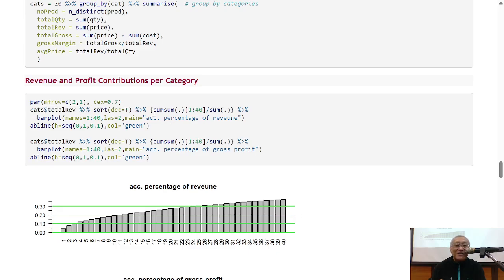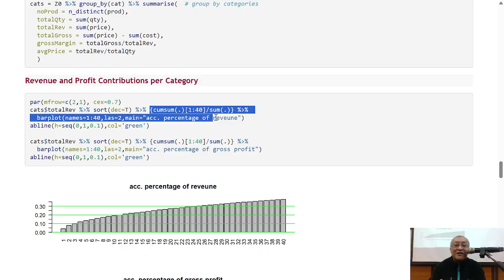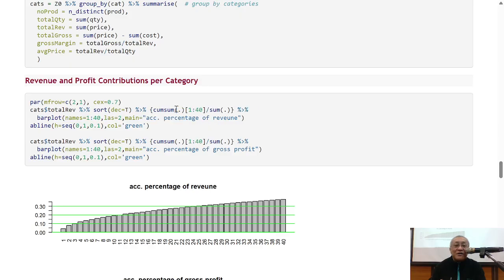Okay, and in this expression, the point is actually what is generated in this pipe, right? So this vector, when I sort it in descending order, I actually pick up the first 40 elements out of this vector, right?